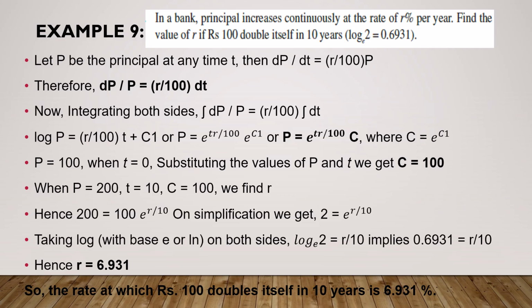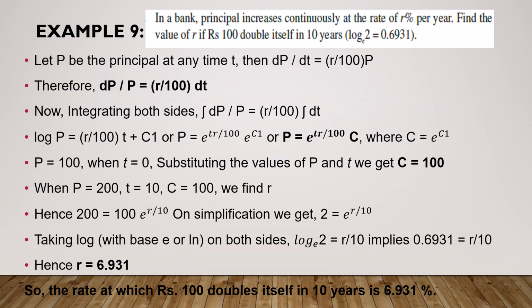In that, put the value of P as 200, put the value of T as 10, and put the value of C as 100. On simplification, you will be getting 200 upon 100, which is 2, is equal to e raised to R by 10. Now again, as I told you, log and exponent are inverse functions.